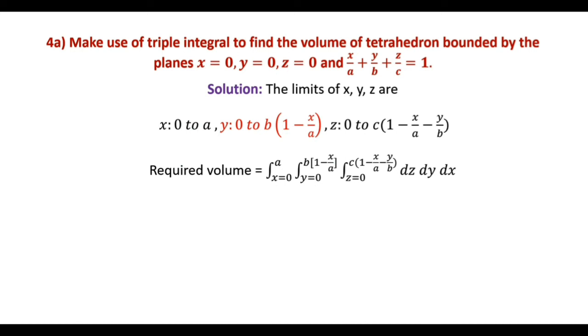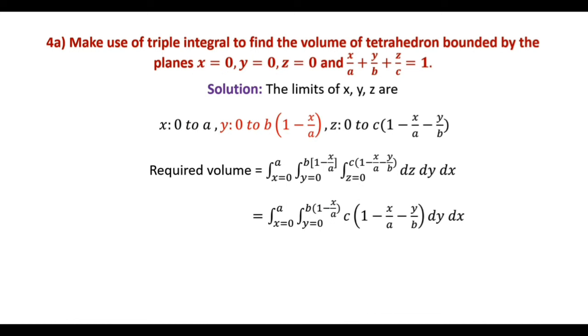Since the integral over V dV is the required volume, substitute the limits of z. The inner integral is with respect to z, integral 1 dz. After substitution of limits, the integrand will be c times 1 minus x by a minus y by b.